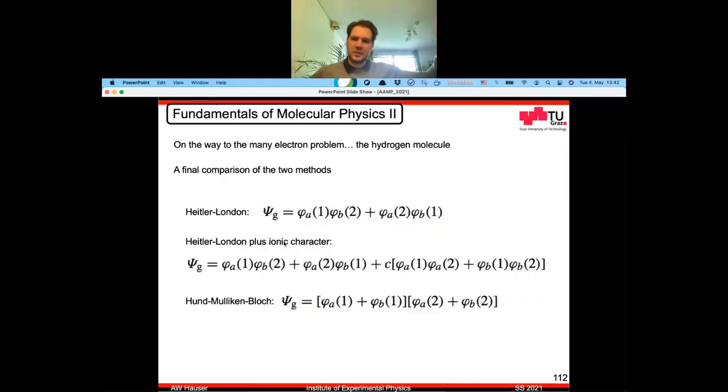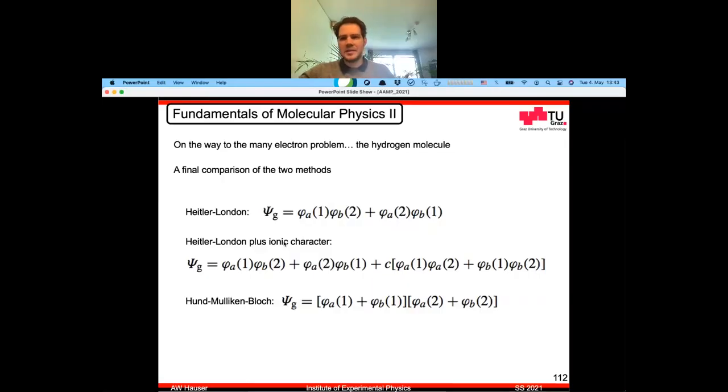So having both electrons, for example, sitting at atom A, or both electrons sitting at atom B. That's also something that I could consider as a valid contribution or a possibility of the system. And this is what I call Heitler-London plus ionic character.